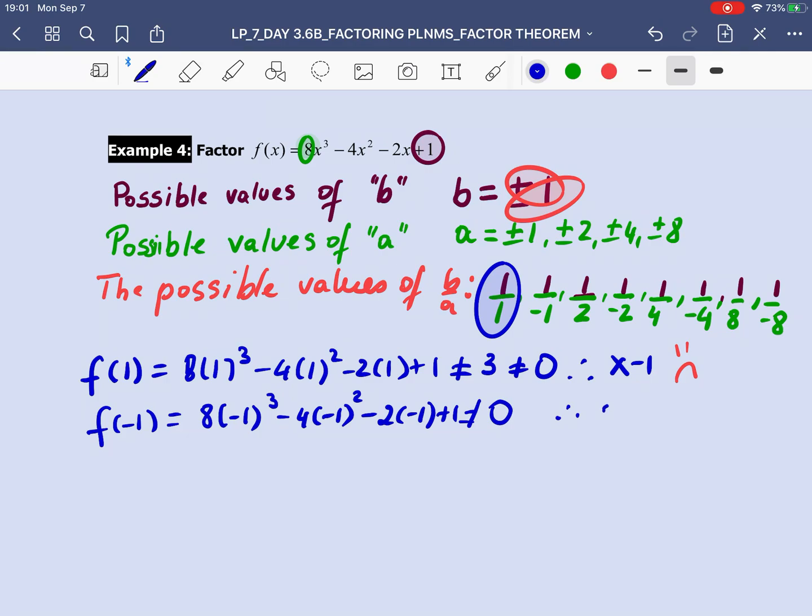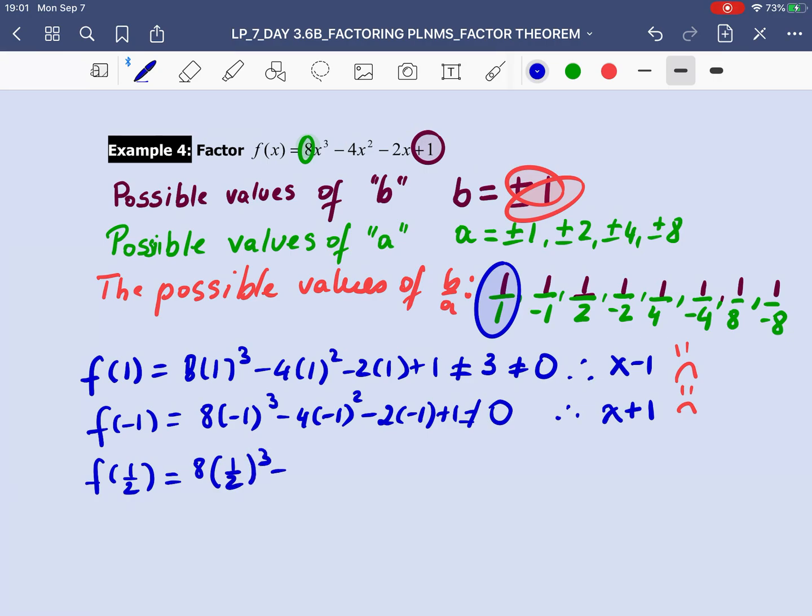So we're going to say different than 0. Therefore, x minus negative 1, which is x plus 1, won't work. We'll keep on searching. Remember, you can do these searches in your calculator, so you don't have to show all this work. F of 1 over 2 this time.